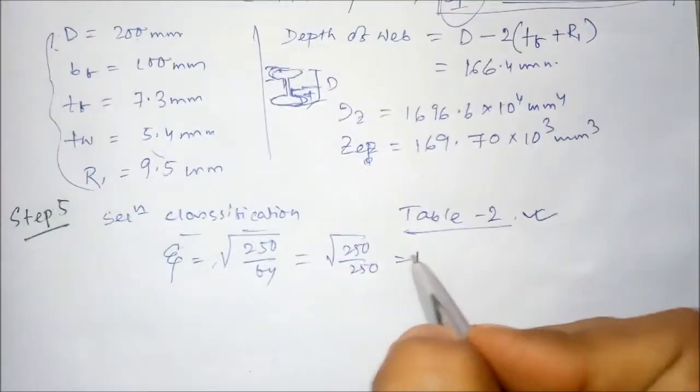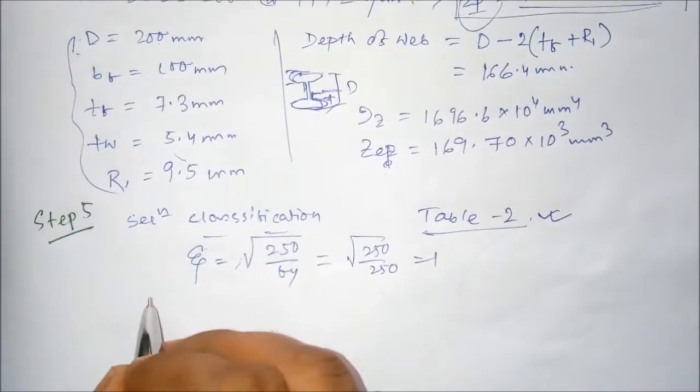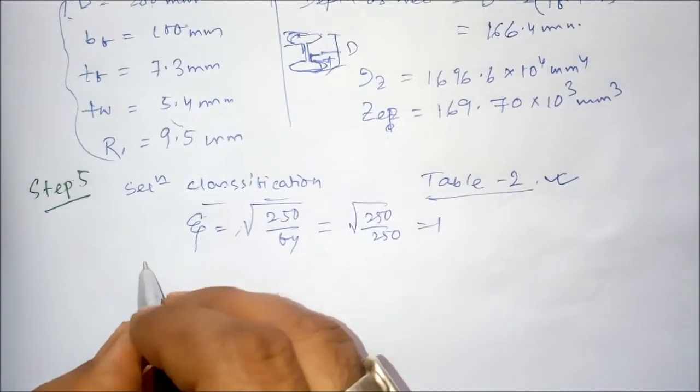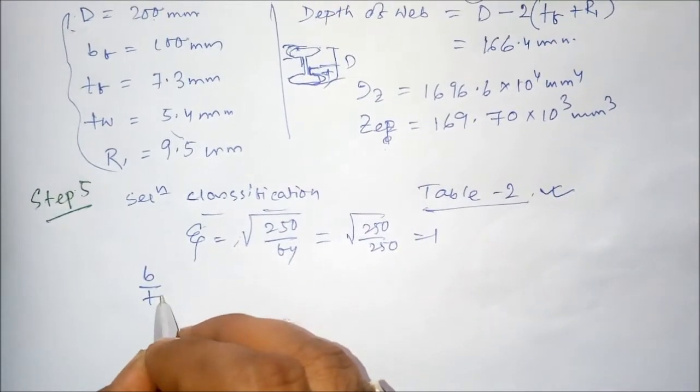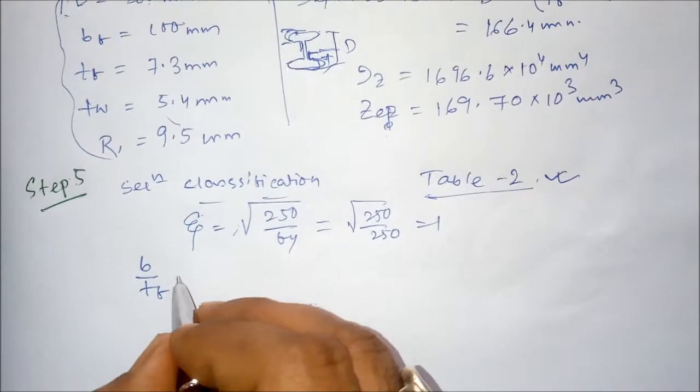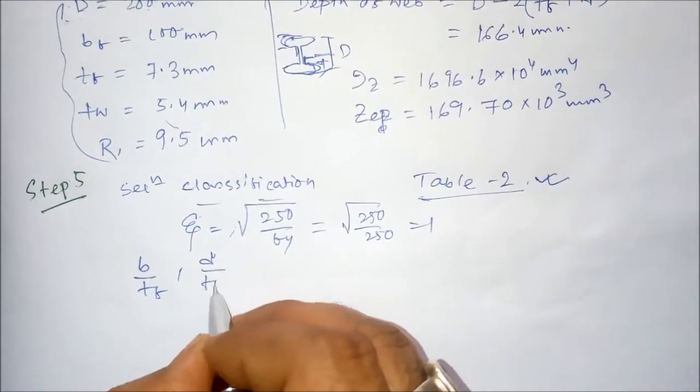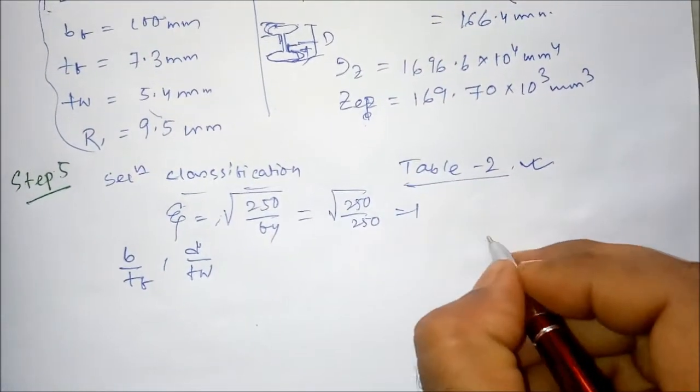To find out the class of this section, you have to find out two ratios, that is b by tf and d by tw. What is b?